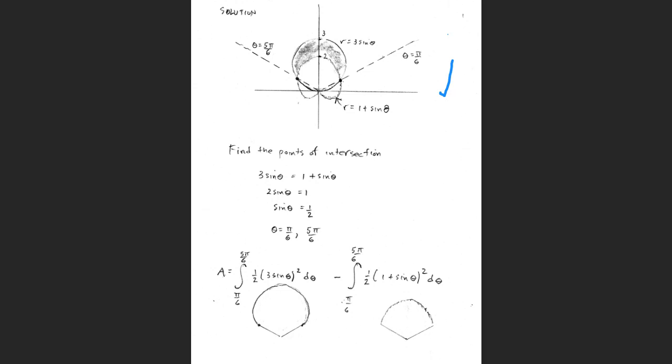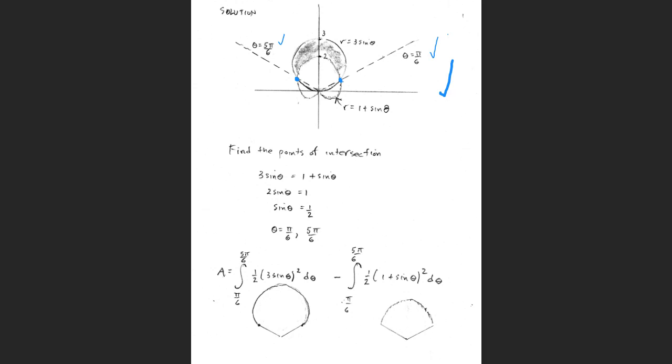Okay, so you can see the region shaded there, inside the circle but outside the cardioid. And the region starts here at angle theta equals pi over 6 and ends here at angle theta equals 5 pi over 6. But how would you get those angles?